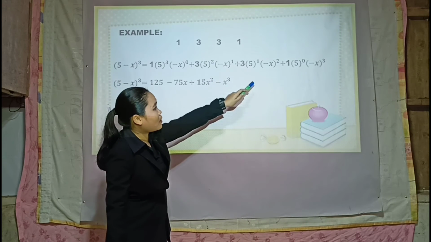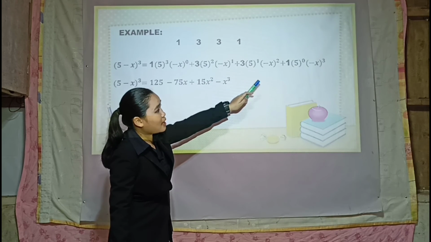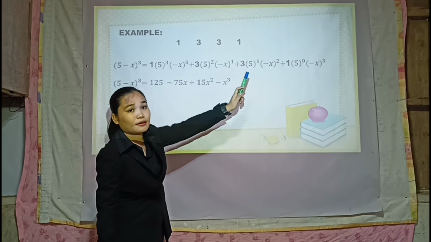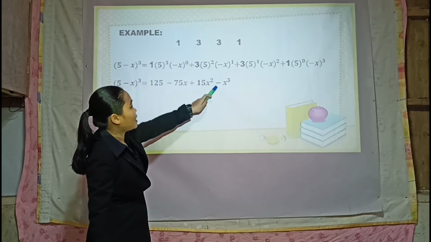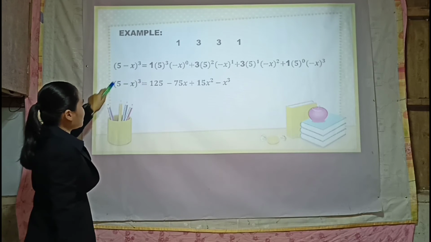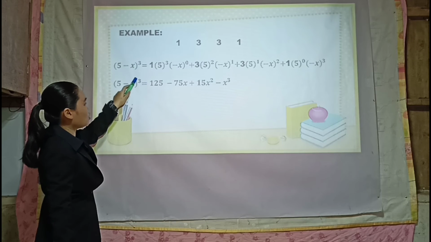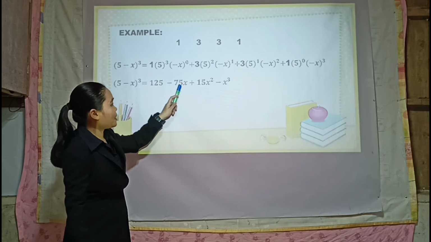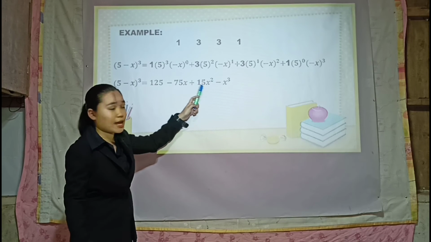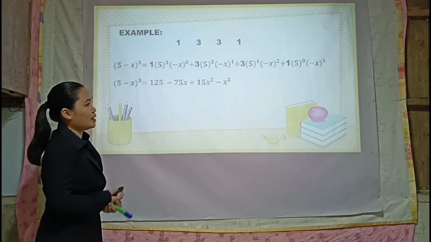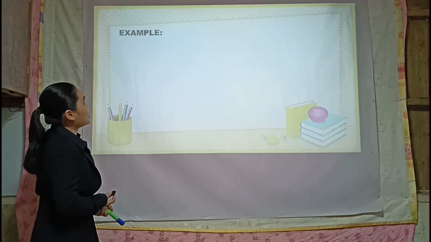Minus the product of 1 times 5 raised to 0 times negative x cubed. So the answer is negative x cubed. The final answer for this expression, 5 minus x cubed is equal to 125 minus 75x plus 15x squared minus x cubed. Okay, let's proceed to another example.